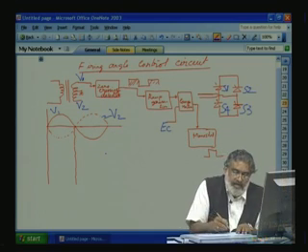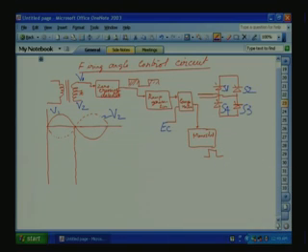So, zero crossing detector. Now, we have a ramp circuit during the positive side.